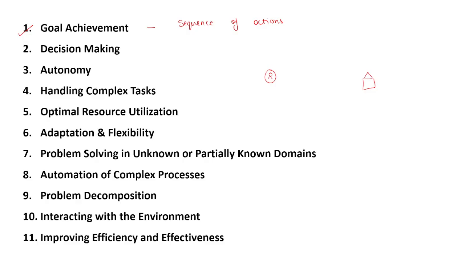A planning system in AI does something similar. It always helps the system figure out the best way to go from one point, that is from your source to your destination, making decisions about what actions to take at each step. This is the goal achievement. All clear?